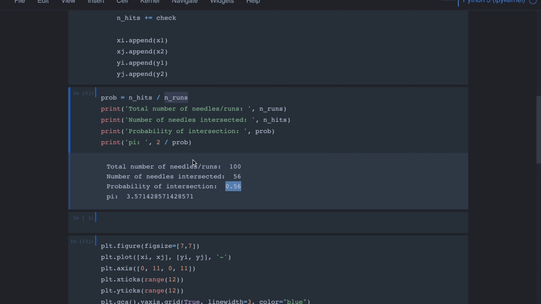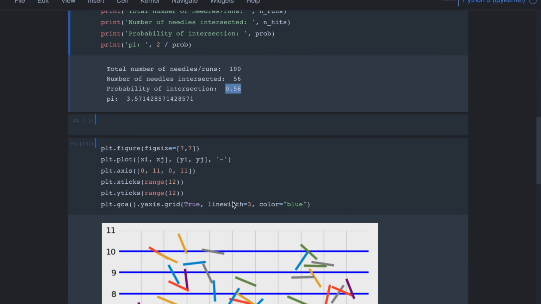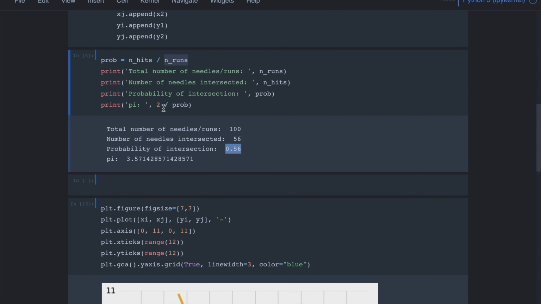Again, we are not going into the mathematical derivation of this problem, but the probability will be equal to 2 divided by pi, which means if we reorganize the variables, the pi value will be equal to 2 divided by the probability. So 2 divided by 0.56, we get a value of 3.57.